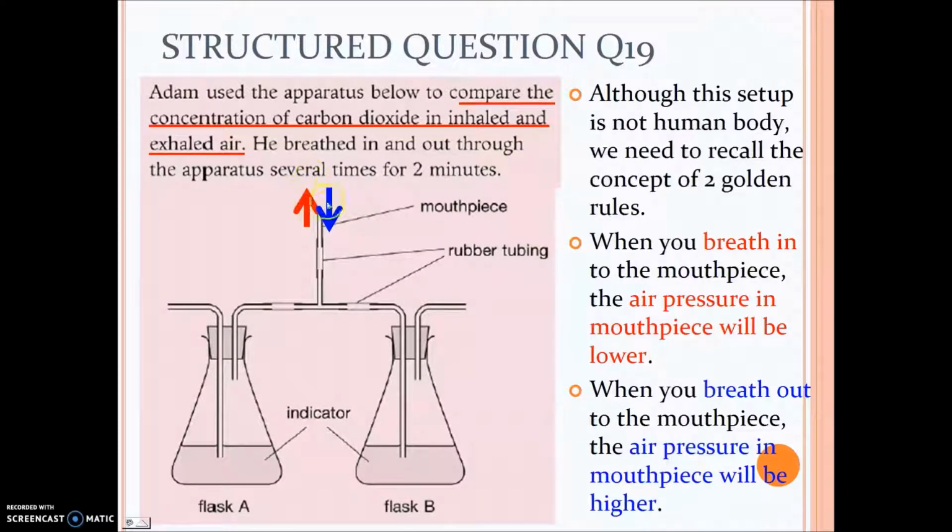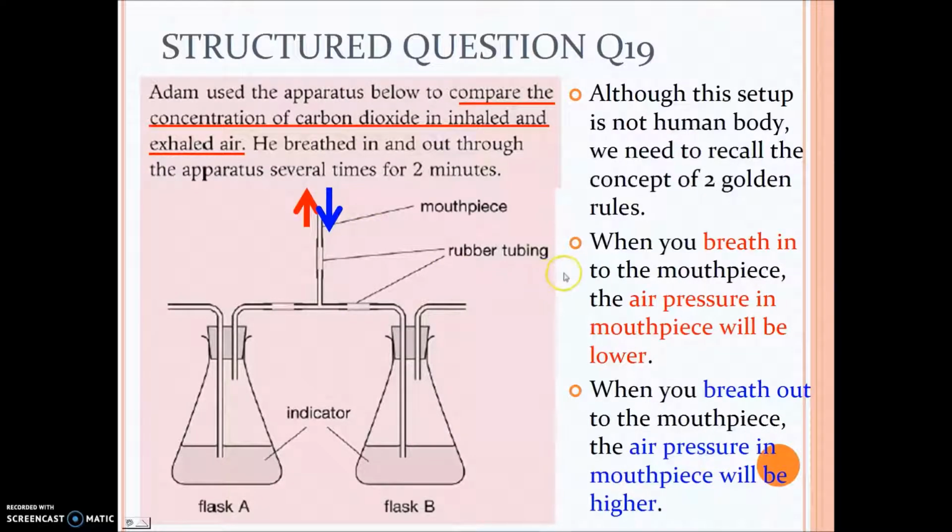You can see that I have two arrows here. One is breathing in and the other is breathing out, with the mouthpiece. So at this time we do not breathe in and out with our nasal cavity, but with our mouth cavity.